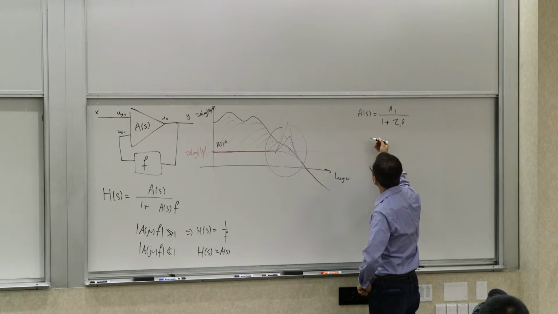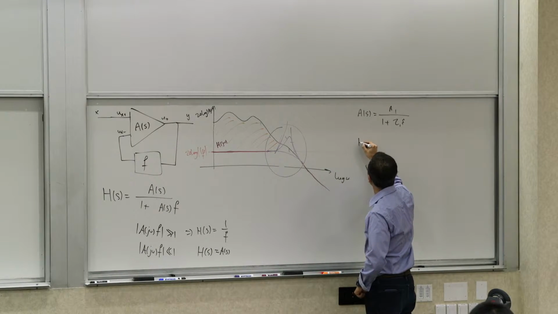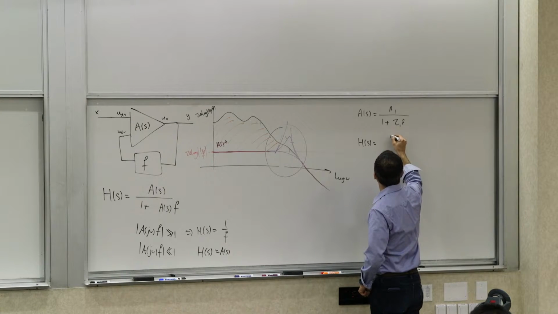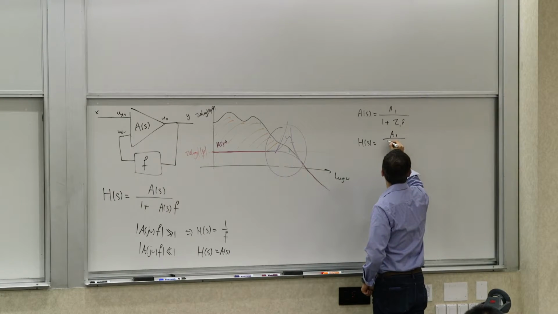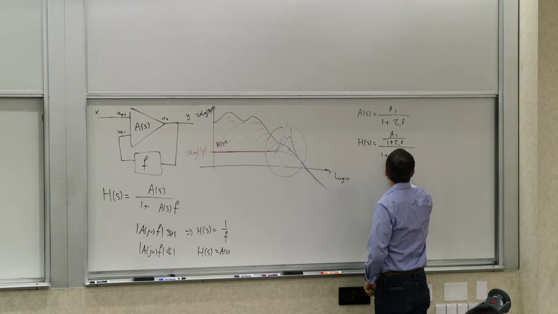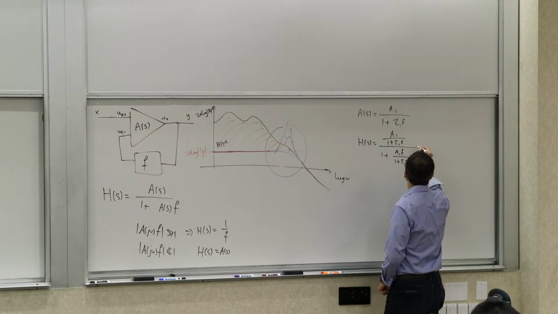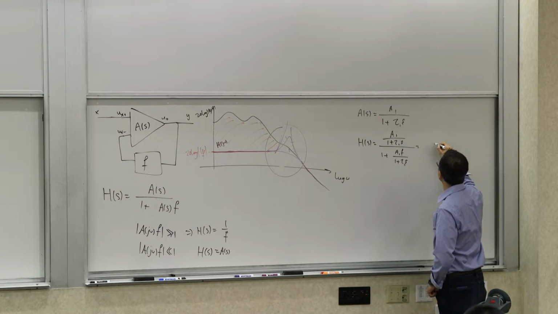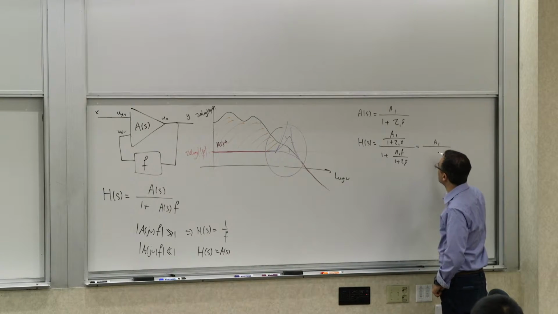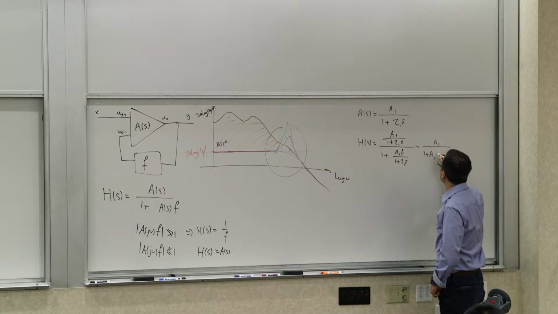So let's see what you got. H of s is going to be A1 over 1 plus tau 1 s over 1 plus A1 f over 1 plus tau 1 s. And you get rid of that denominator. What you end up with is A1 over 1 plus A1 f plus tau 1 s.